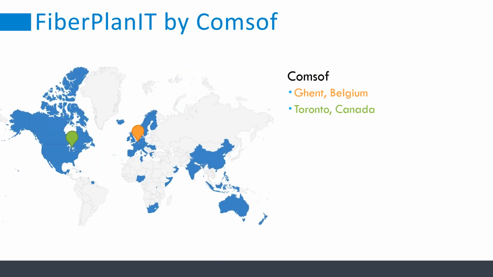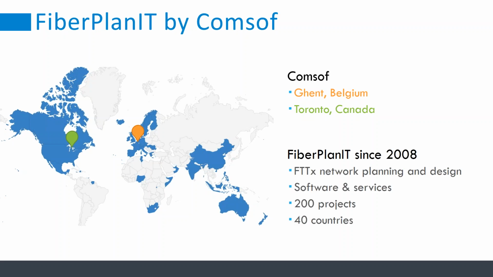All right, so the company I work for is Comsof. We're located in Ghent in Belgium, and we also have an office in Toronto in Canada. And our focus is on planning, design, and automation.